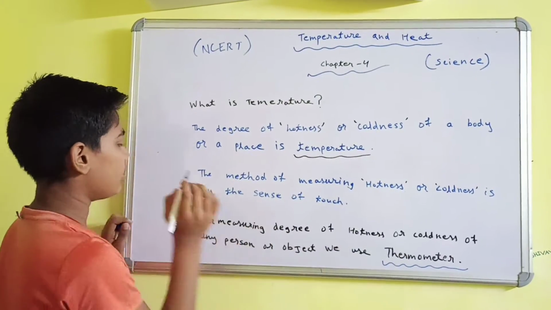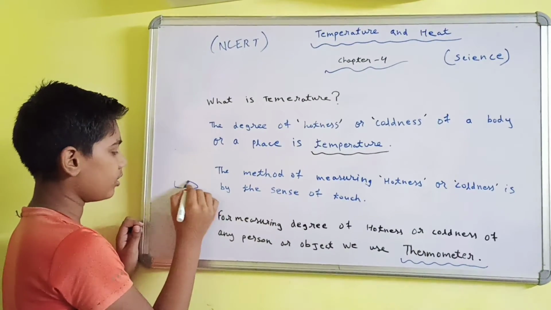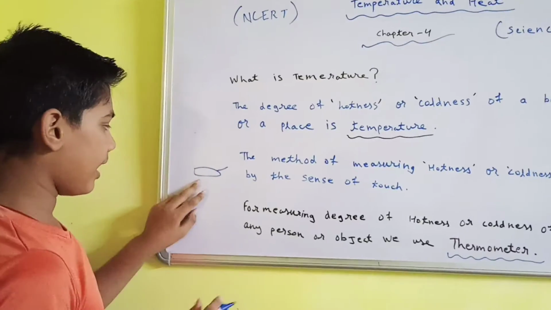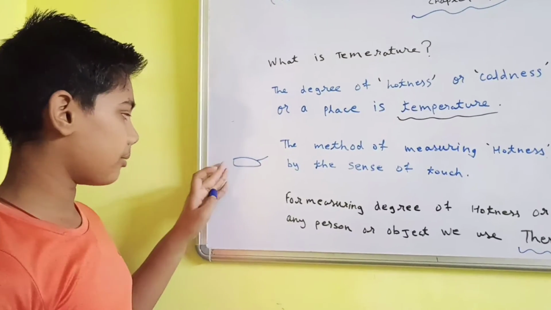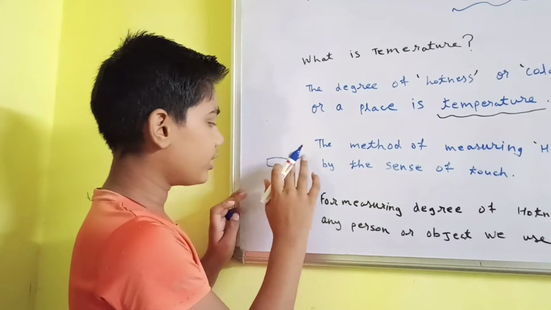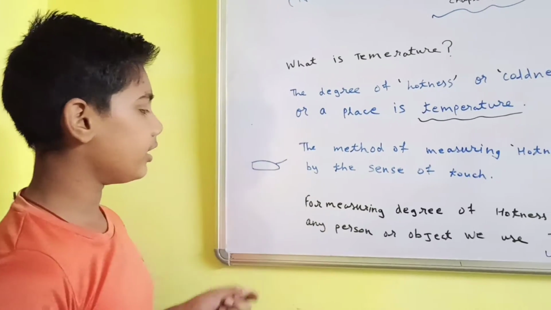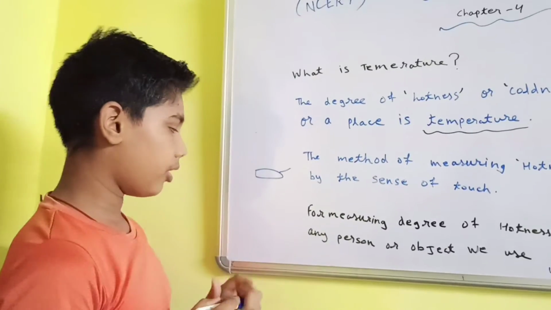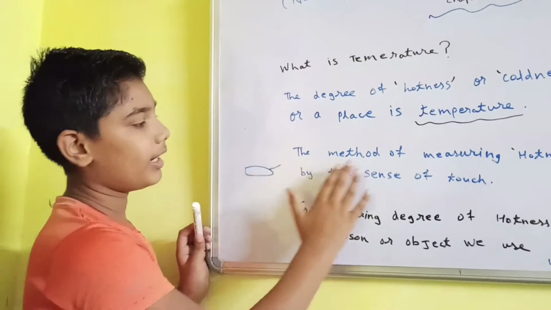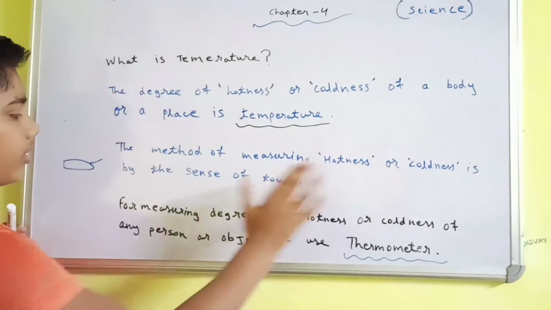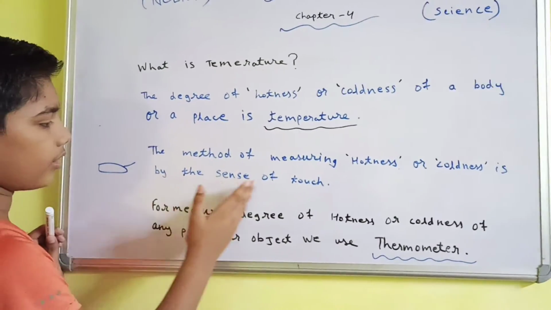Like this is a frying pan, and if your mother is cooking something and you touch the frying pan, it will burn your hands because it is hot in temperature. Now the method of measuring hotness or coldness is by the sense of touch.